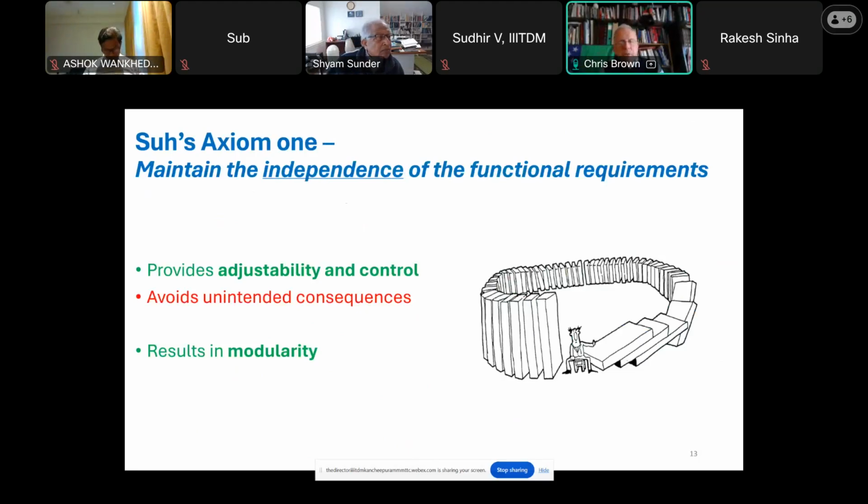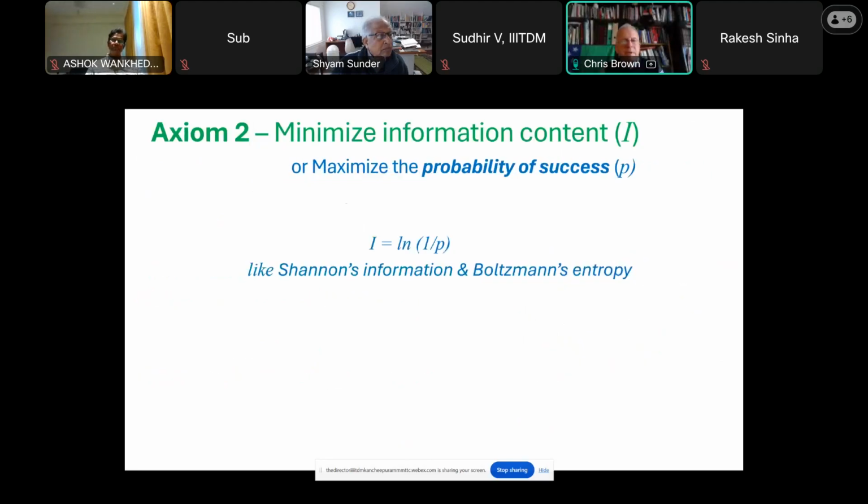Basically, I can adjust one thing without changing others. I can develop one portion of a design without having to change the entire thing. And so as we look for independence, we're able to eliminate some of the perhaps candidate solutions that we might have formulated. So that's axiom 1.